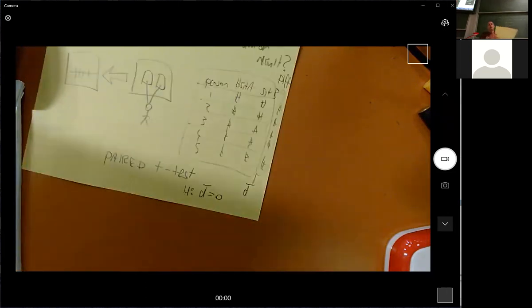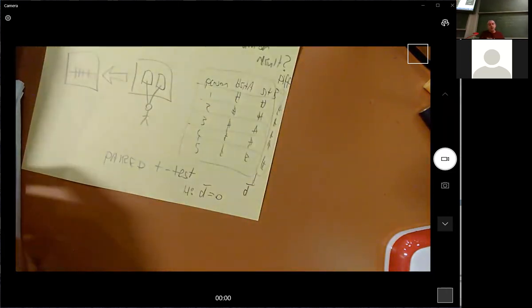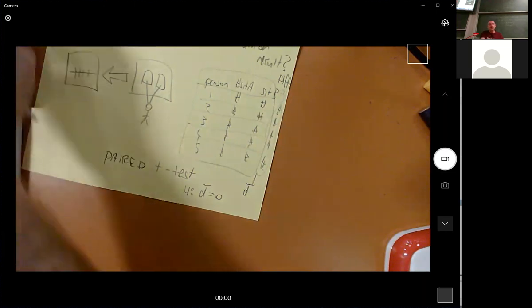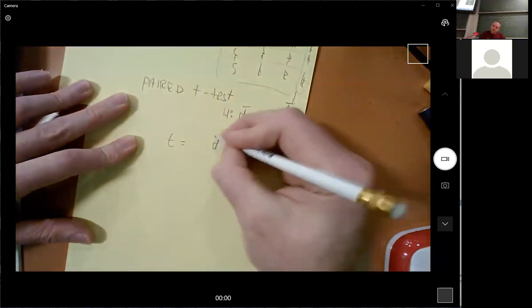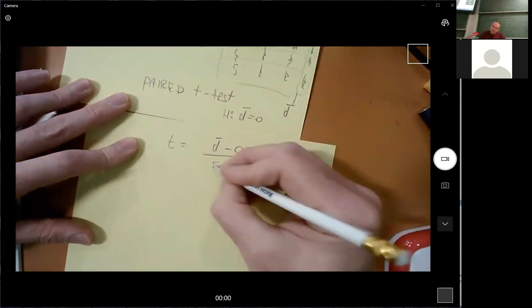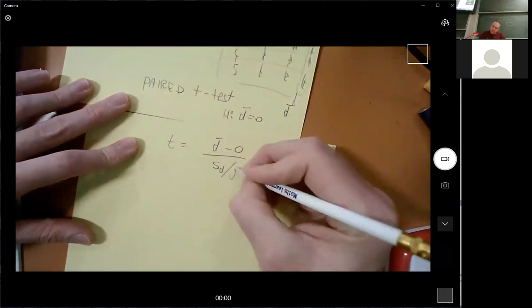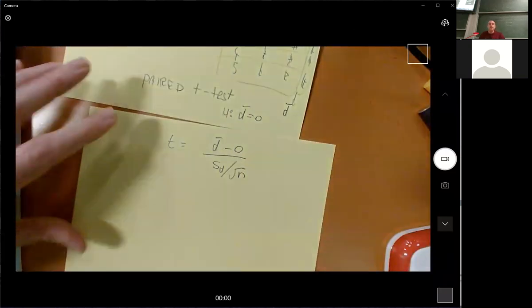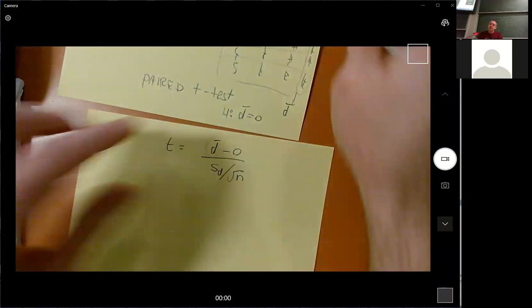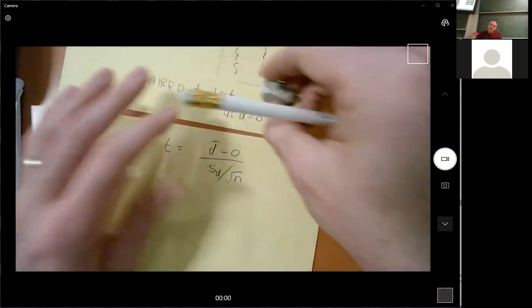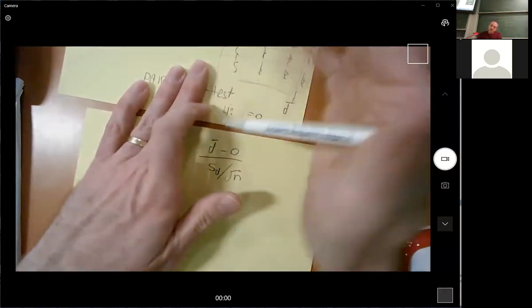And so your calculation for a t-test would be, there should probably be a capital D bar. There should be a mu D, sorry.